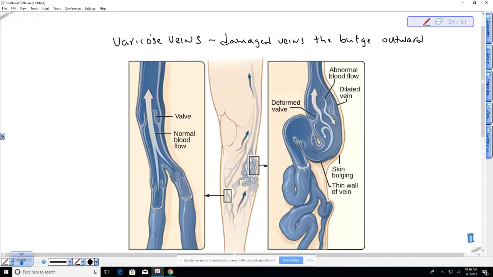So the people's legs start to look really ropey. And you can see that the blood is just pooling in that area. And that could be really dangerous because what that means is that the valves are damaged, right? So we have damaged valves, and the blood flows in the wrong direction. Right, and clotting is more likely.